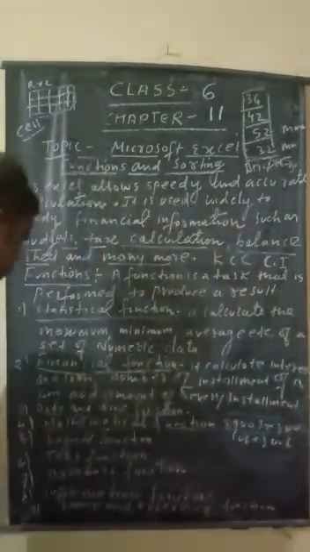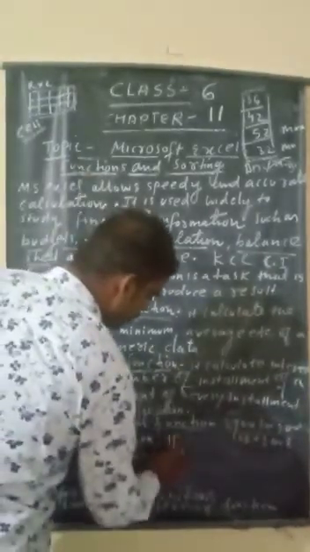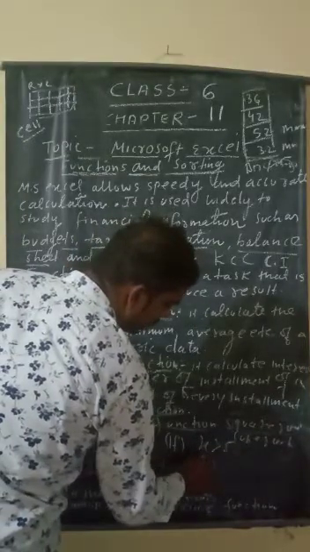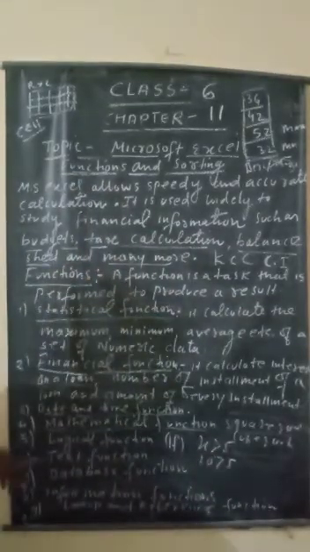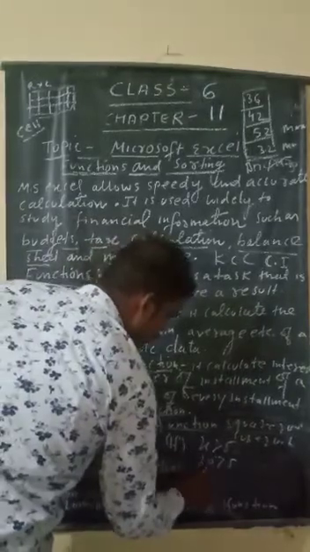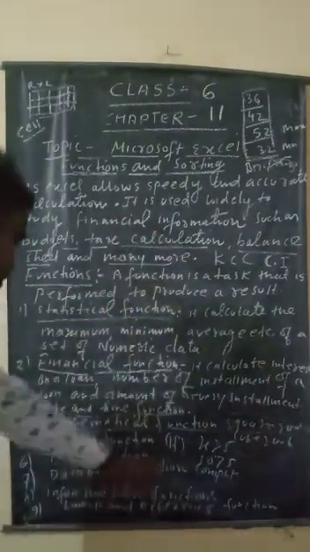In logical functions, there is the logical function IF, for example whether 10 is greater than 5, and the value is yes. This is a logical function. In a text function, you can type anything, for example the word computer.